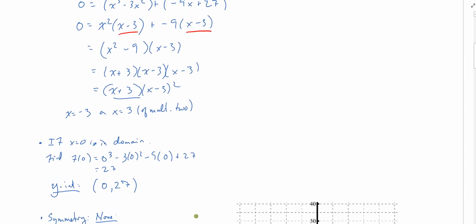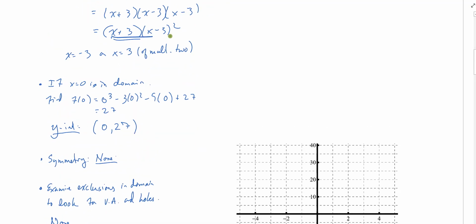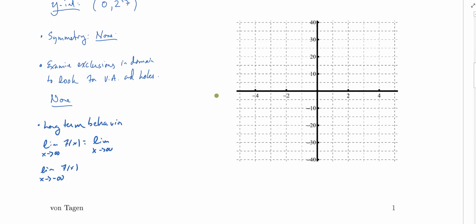Yeah, we did, up here. We put it into factored form as x plus 3 times x minus 3 quantity squared. And so notice what happens as x gets large: this factor becomes large positive, this factor becomes large positive, and the product of two large positive numbers is again a large positive, so that limit is infinity.